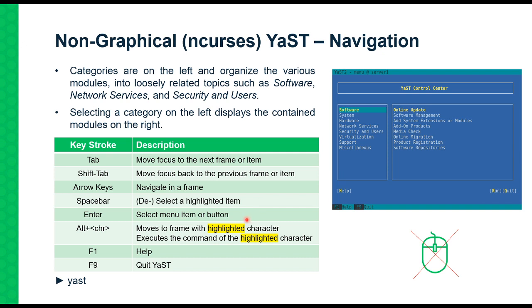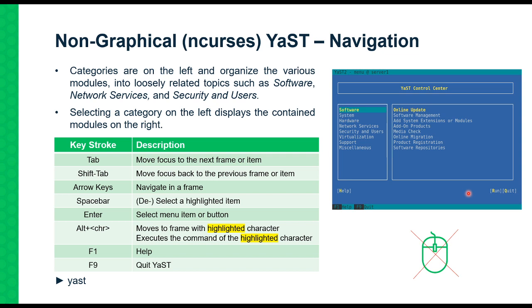Then we press the enter button to enter a menu or a button. Then we can also use the shortcut key, the Alt plus the highlighted character. So when we press the Alt key and the highlighted character, for example, the H in help, the R in run, or the Q in quit, it doesn't need to be capital, it just needs to be that specific button.